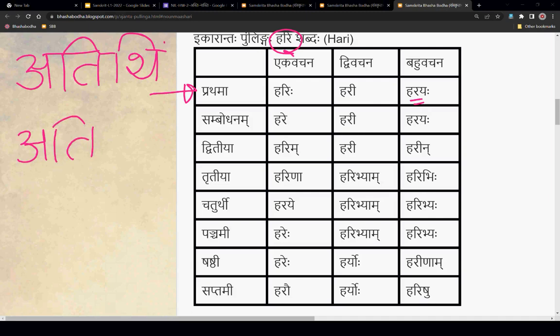So the last E in Atithi goes away, only tha remains, and it becomes Atithayah. Atithihi, Atithi, Atithayah. Correct. Atithayah.